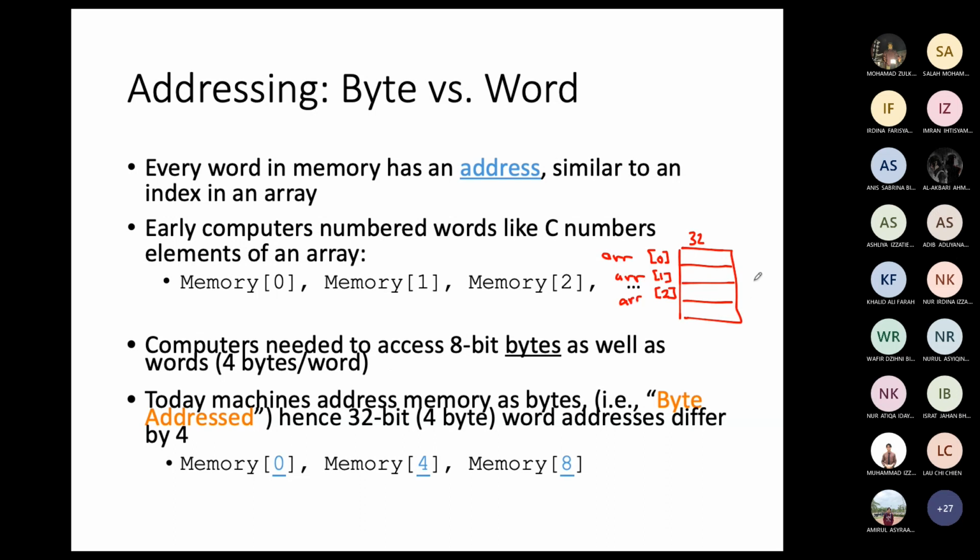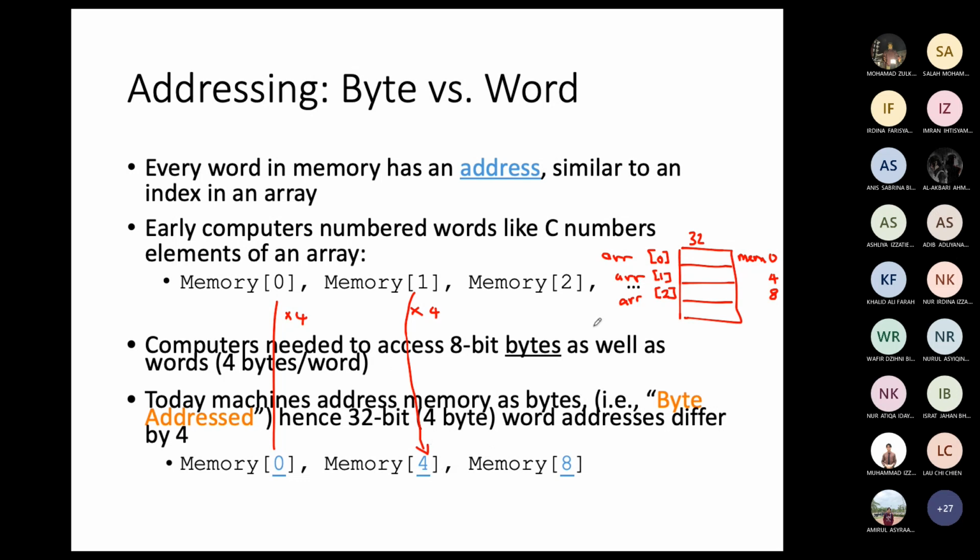But in memory, these indexes are referred to by memory 0, then memory 4, then memory 8, and so on. So you take 0 multiplied by 4, and 1 multiplied by 4, and you get the memory byte address.